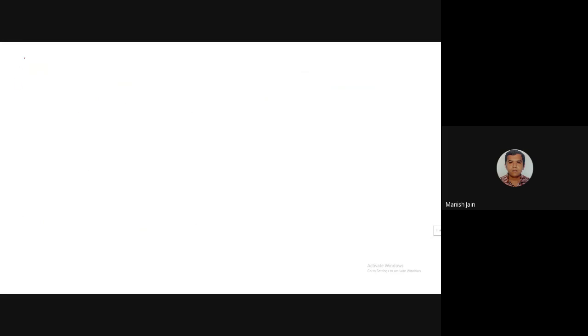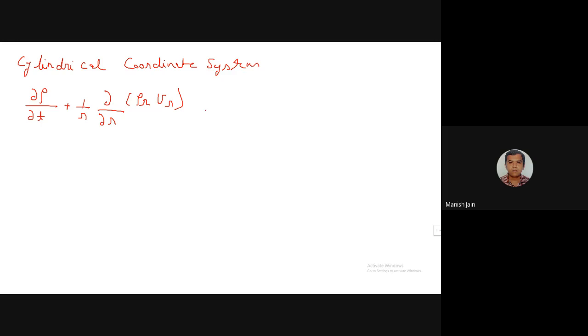So for cylindrical coordinate system, del rho by del t plus 1 by r del by del r of rho r vr plus 1 by r del by del theta of rho v theta plus del by del z of rho vz equal to 0. This is the equation of continuity in this form.